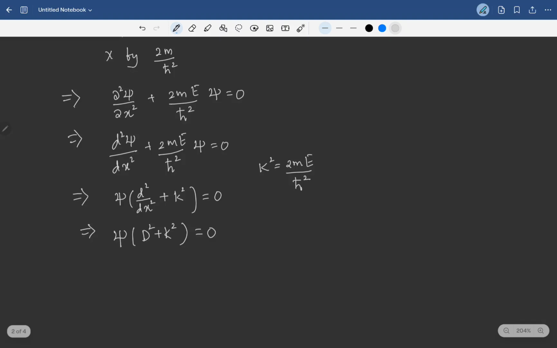Now this looks like the equation D square plus k square is equal to 0. So the roots of this equation are D is equal to plus or minus iota k.